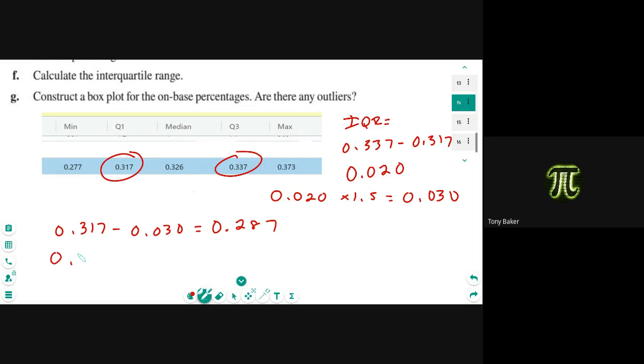And then if we add to the top, we get 0.367. Look at my min and my max. Are they in that outlier range? Yeah. So I have outliers in this data set.